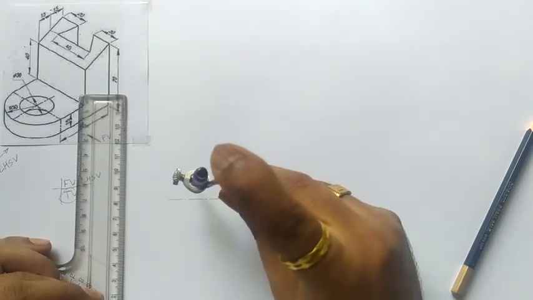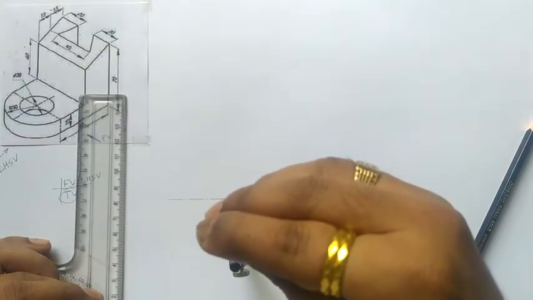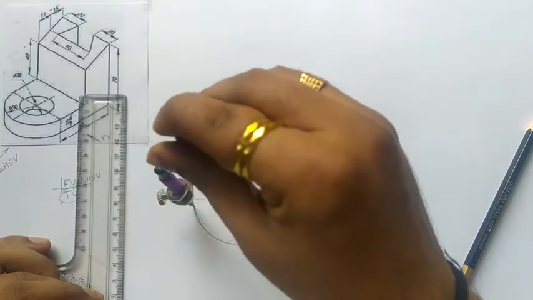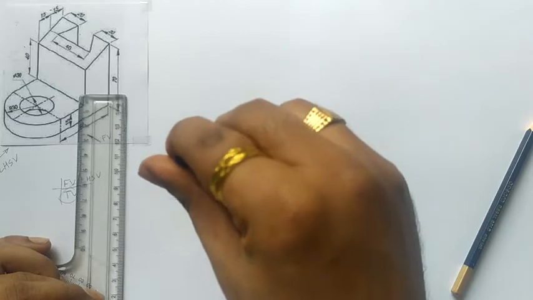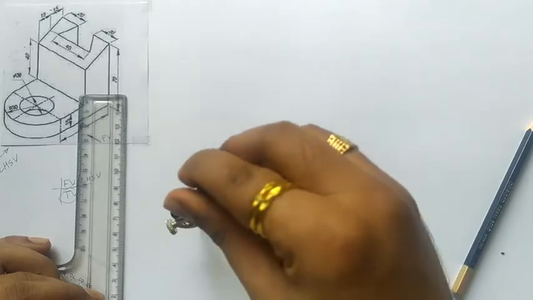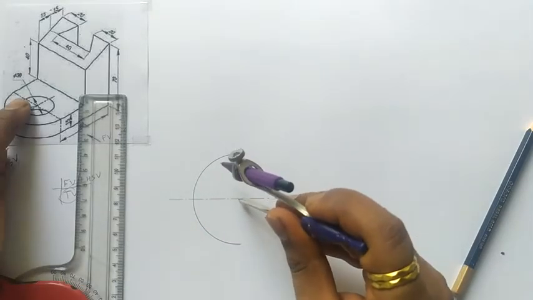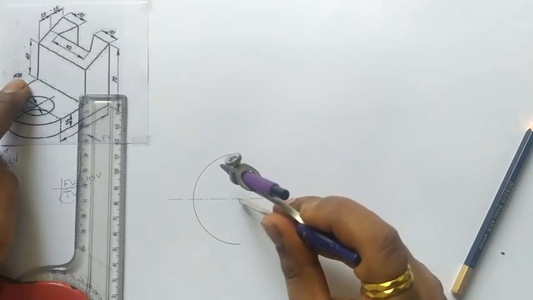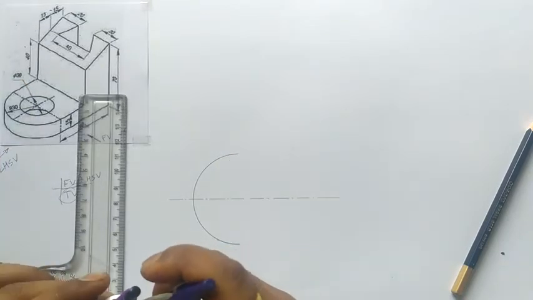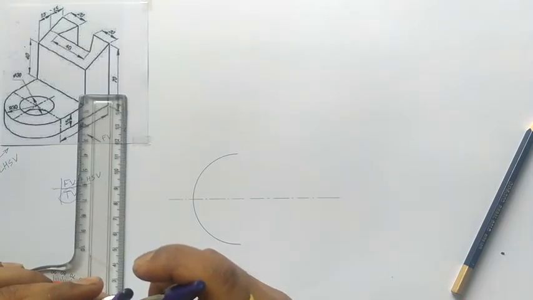and I will mark here with the 30 mm radius. One half circle. It is followed by, here it is diameter 30. So we need to take radius 15 mm.